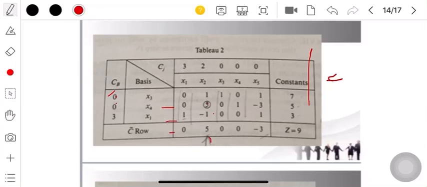Again 0, 0 minus 0, 0, 0, 0 minus 0, 0, and this is minus 3. So again we have to select this, because this is the maximum value. After selecting this, find the ratio theta. 7 by 5, and 1 by 1 is negative. So this is the second one. So now x2 will enter and x4 will leave.